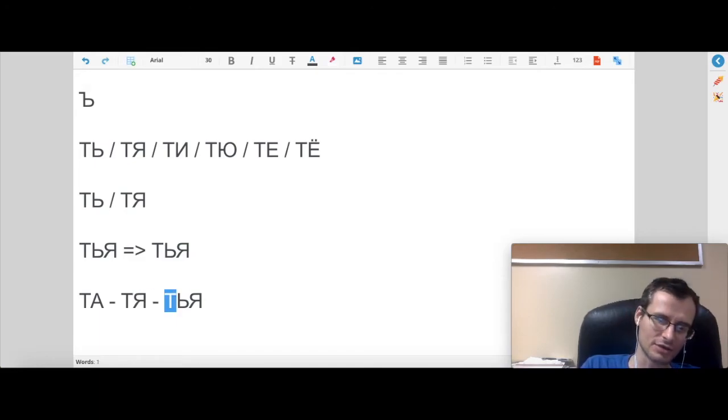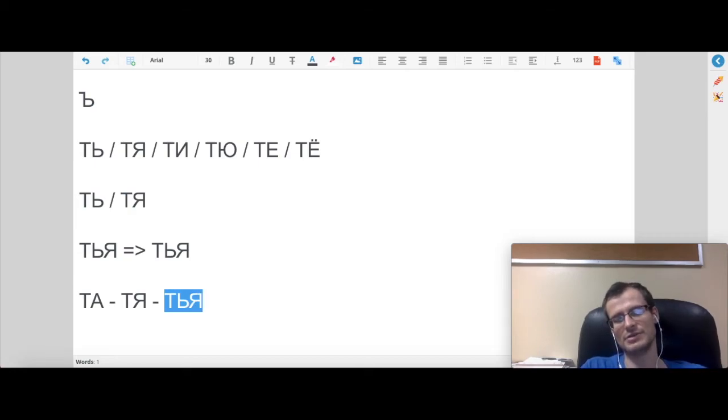And here, again, ya is a full-fledged diphthong, but t is soft thanks to the soft sign. So this one is tia, tia. So let me pronounce them together, one by one. Ta, tia, tia. Okay?